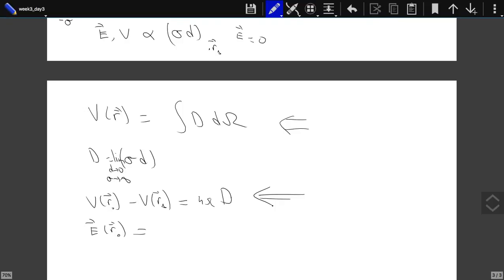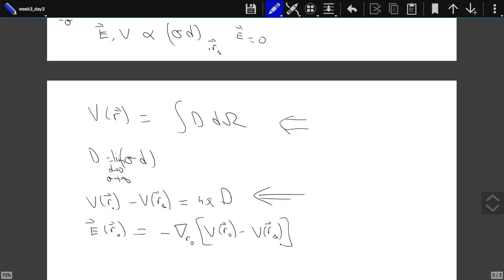Well, we can set the potential at R1 to be 0, for example. Then we see that the potential at R0 is non-zero. So how do you see that the electric field is still 0, although the potential is non-zero? Take the gradient with respect to R0.